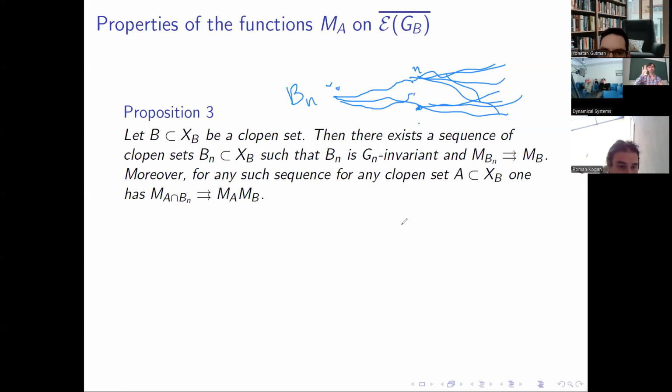We are moving the set Bn to infinity, making it kind of mixing, and in the limit the measure becomes the product of measures for this set.